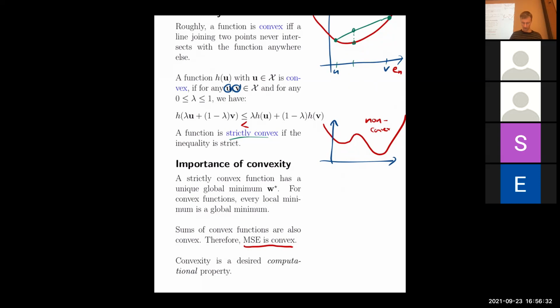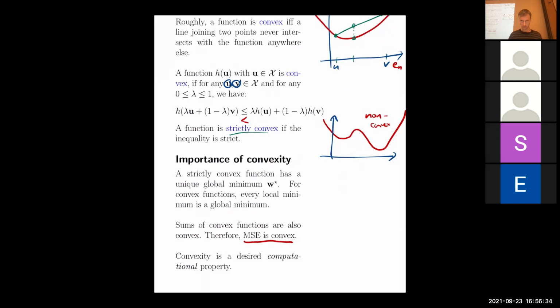Just I want to give you one caveat. When we say mean squared error is convex, this can mean two things. Are we talking about mean squared error as a function of the error E, or are we talking as a function of the weights? And that's something which is often forgotten, and I want to remind you not to forget.